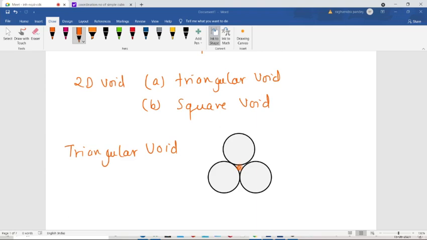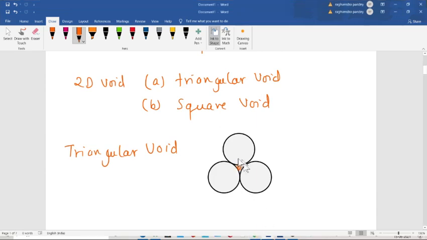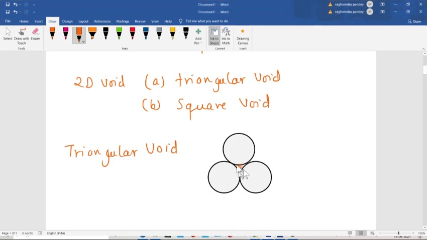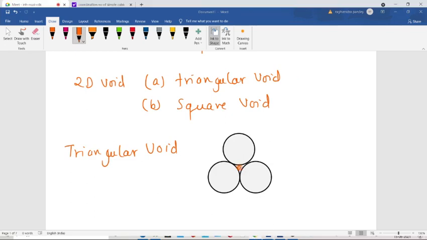So let's get started here. Now, this is the void space. This is the space between the spheres. You can see the three spheres which are here, and this is the space.